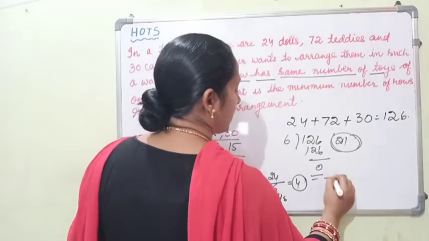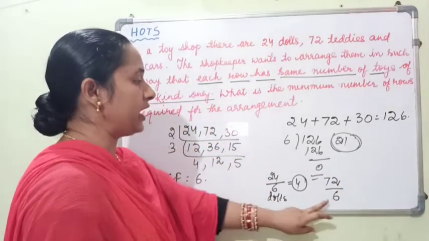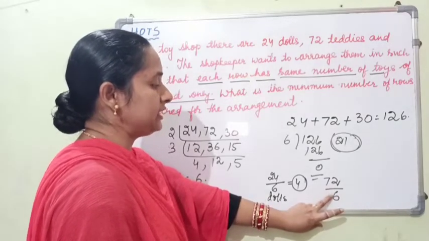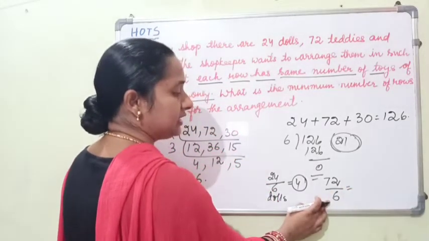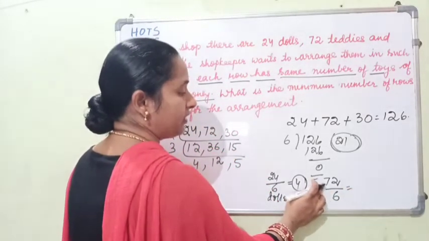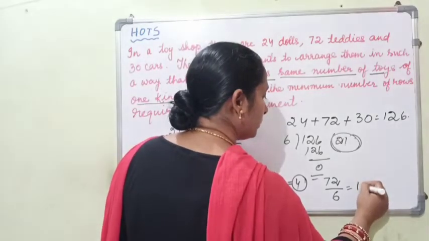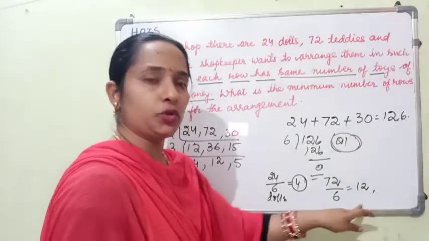Next we have 72 teddies. If you divide 72 teddies by 6, each row has 6 teddies, then 72 divided by 6 will give you 12, right? This means teddies will be arranged in 12 rows.